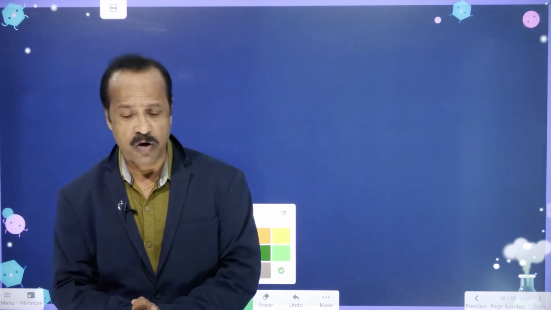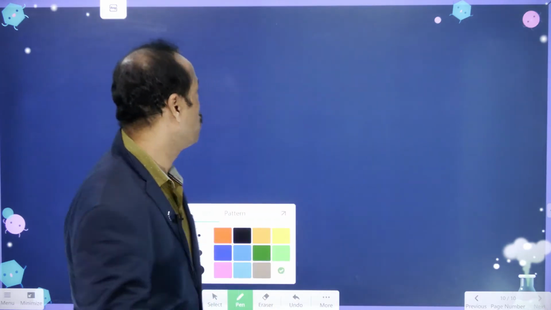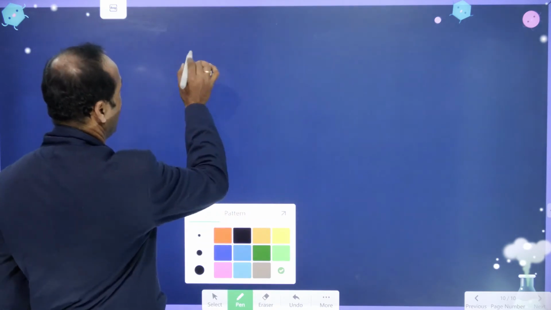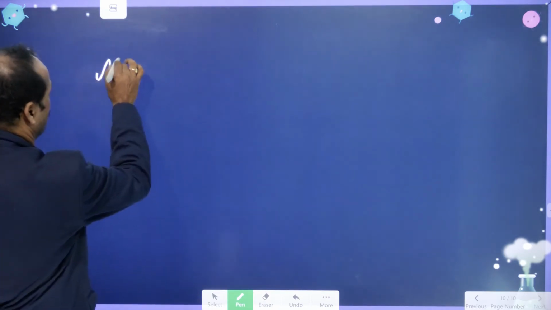The screen comes under matter. The book you are writing in, the pen you are writing with, and the benches you are sitting on all come under matter. So matter means what? Which has mass and occupies space.